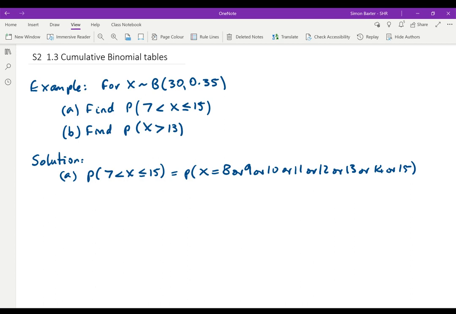If we look in the formula booklet, we can see the probability that X is less than or equal to 15. We look for n is 30, p is 0.35, go down to the row X equals 15, and we find the number 0.9699.